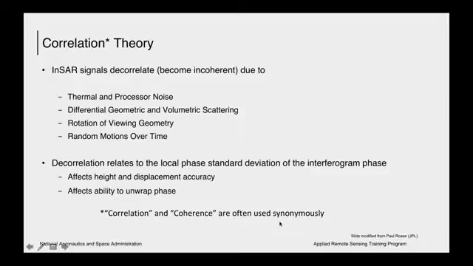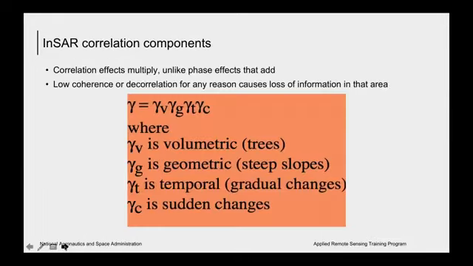Another important thing with correlation is that the correlation components multiply, unlike the phase effects. You may remember earlier we talked about the topographic phase and the ground displacement phase.